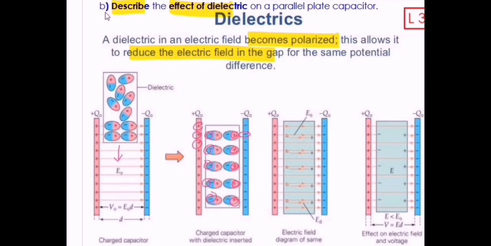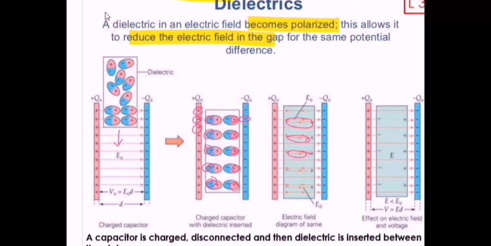This is what we call being polarized. So we say the dielectric in the electric field becomes polarized. When it is polarized, it produces another electric field.